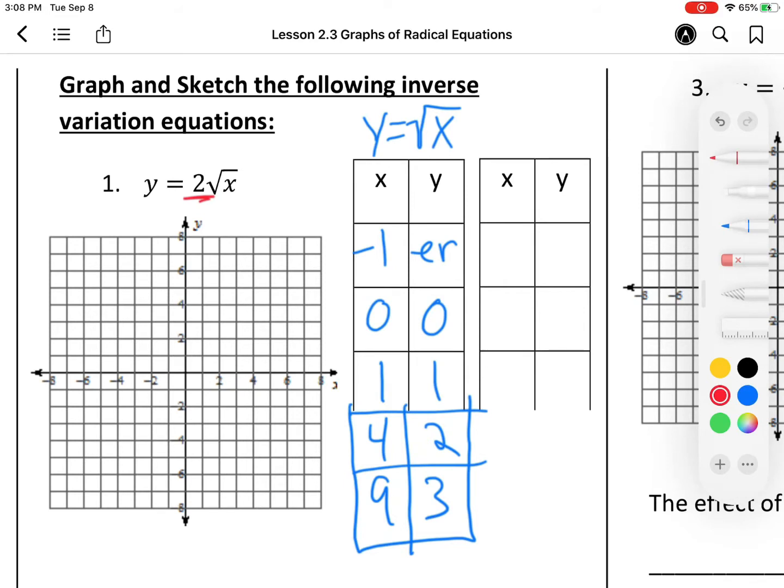So this 2 is on the outside, affecting y's. So we're going to be dealing with these y values. Also know that it's multiplication in between. So we're going to come in here and multiply by 2 to get all of our values.